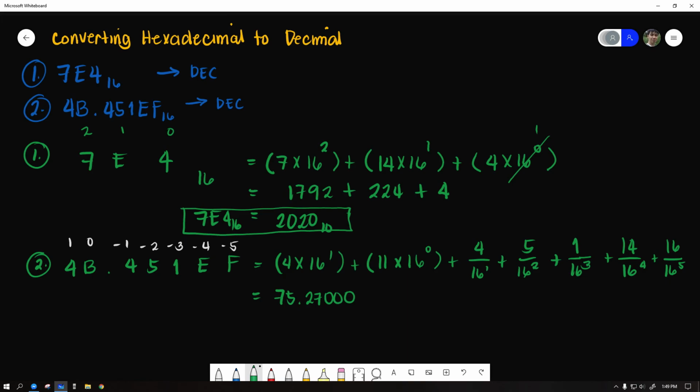Or you can rewrite, since it's already 0 there, you can write as 75.27 base 10 for 4b point 451EF base 16. Okay, that is how you can convert your hexadecimal to decimal. So that's all for this lecture, and see you in the next videos.